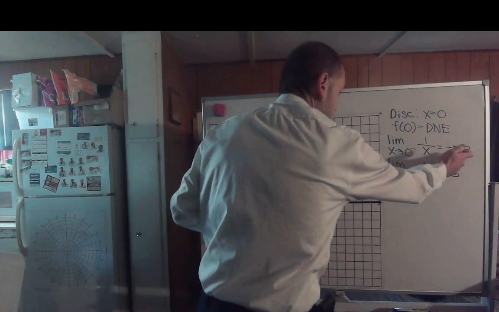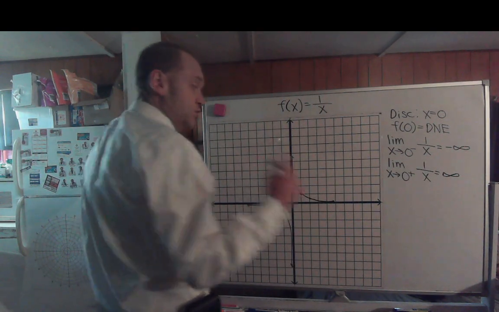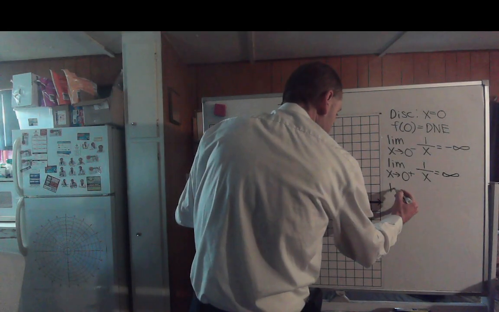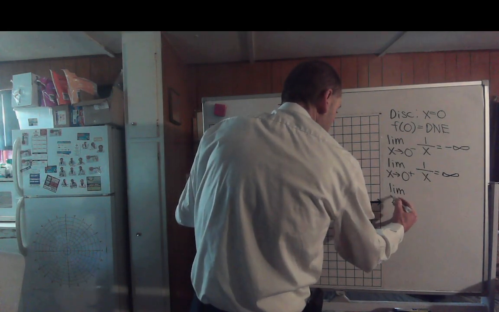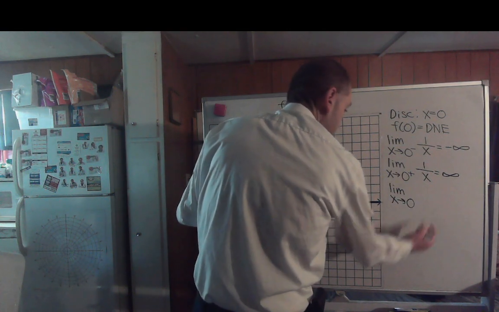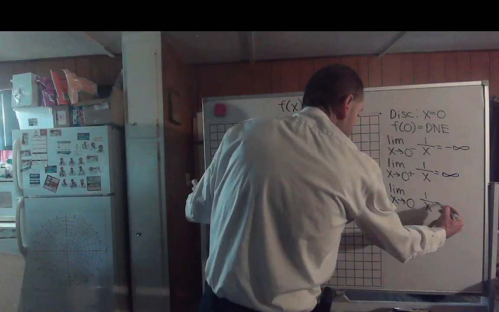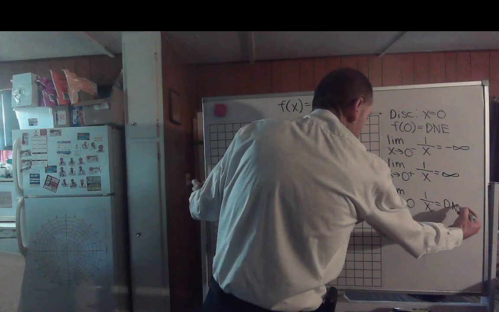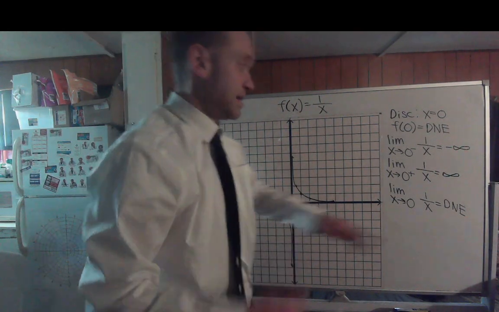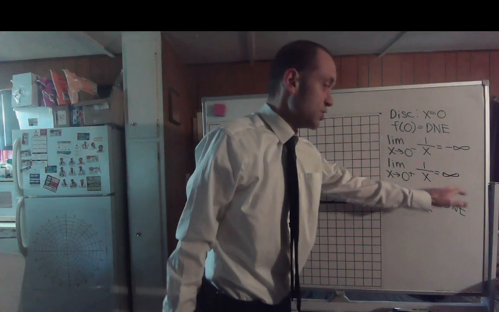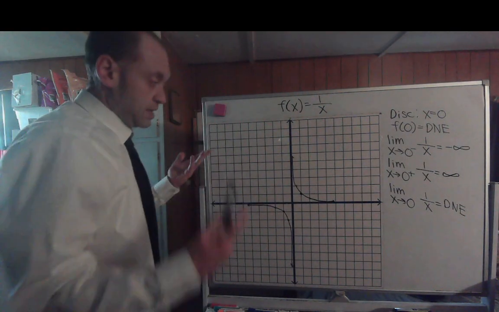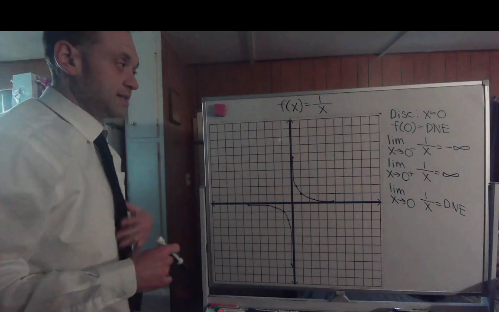Well, the left-handed limit and the right-handed limit do not match at all, so that means that the general limit as x approaches 0 of 1 over x does not exist, because your left-handed limit's negative infinity, your right-handed limit's positive infinity, and those don't match. So your general limit can't exist.